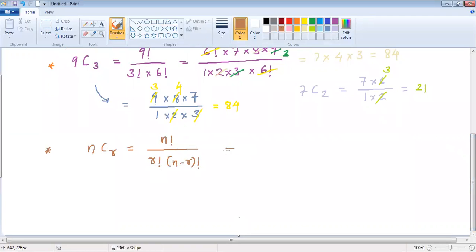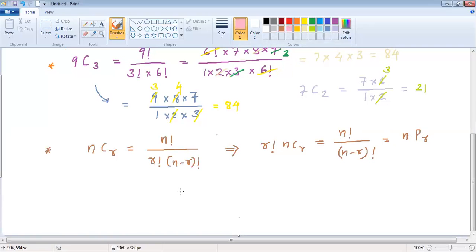So that implies if you multiply with r factorial, you'll get r factorial into NCR, which is equal to n factorial divided by n minus r factorial. And n factorial divided by n minus r factorial is nothing but NPR.